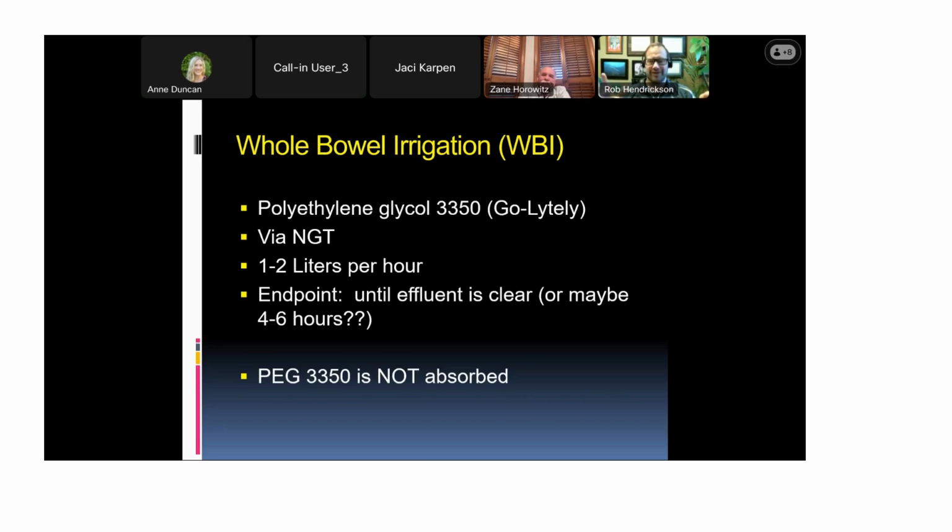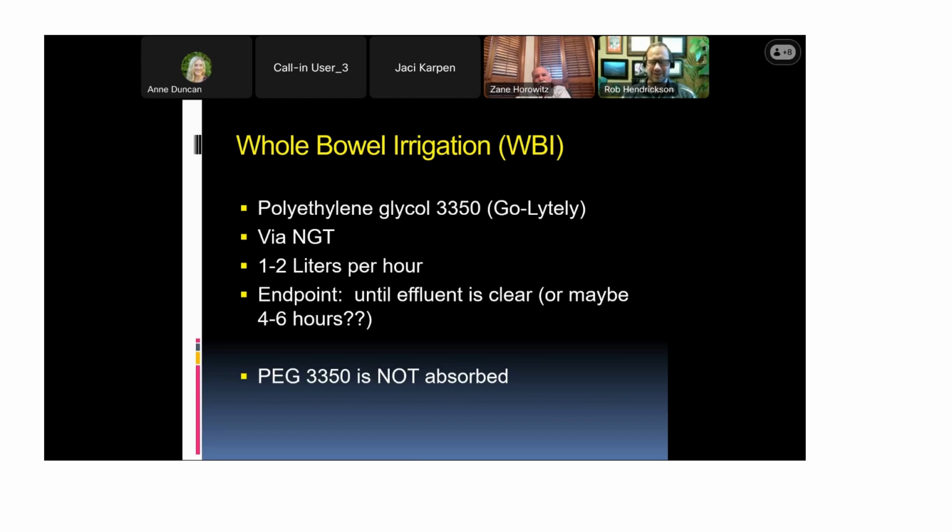And the end point, personally, I just say 4 to 6 hours and then just stop. But the traditional end point is until the effluent is clear, in other words, all the stuff coming out of the bottom is totally clear. If you've ever done this, or seen studies with this, the effluent never gets clear.